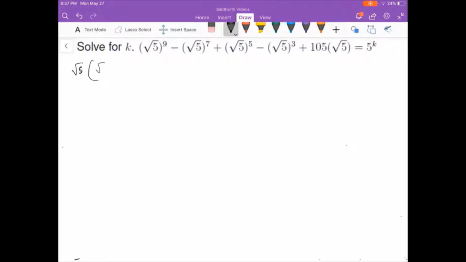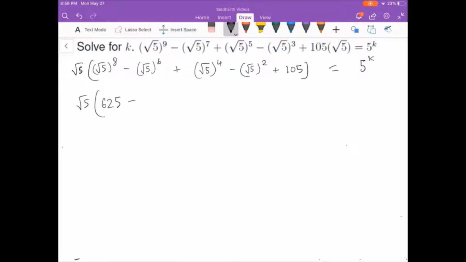We get, now simplifying each of the terms inside the brackets, root 5 to the power of 8 is same as 5 to the power of 4, which is equal to 625, minus root 5 to the power of 6 is same as 5 cube, which is same as 125. Root 5 to the power of 4 equals 5 squared, which is 25. And root 5 squared is same as 5.